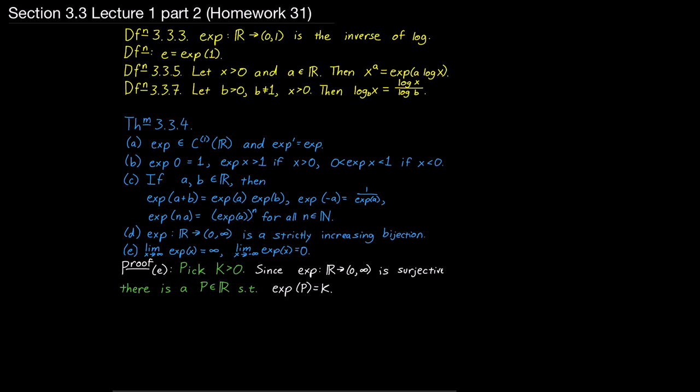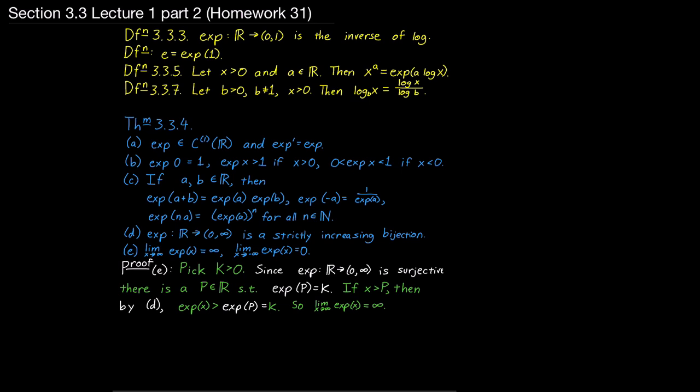And then if x is bigger than p, then by part D, because exp is strictly increasing, exp of x is bigger than exp of p, also known as k. And then all the stuff in green is precisely the definition of the limit as x goes to infinity, exp of x equals infinity.